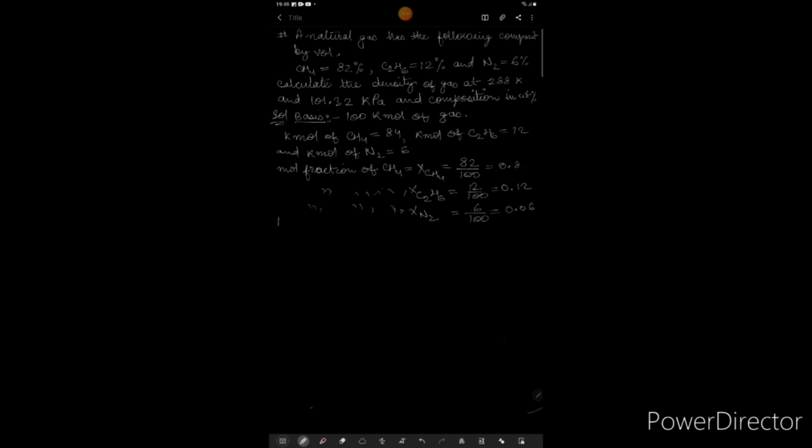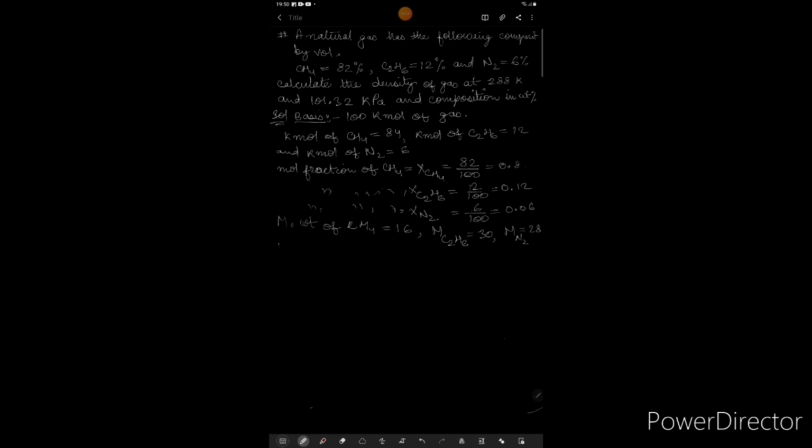Molecular weight of CH4 equal to 16, molecular weight of C2H6 equal to 30, and molecular weight of N2 equal to 28.